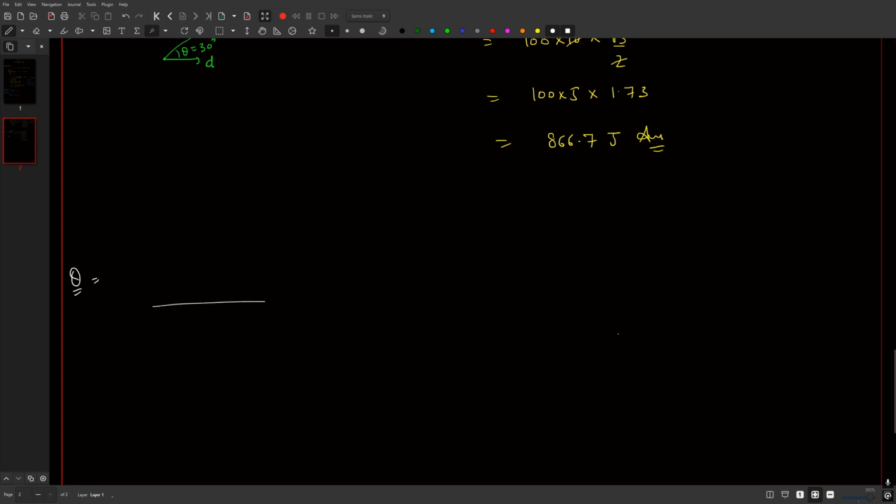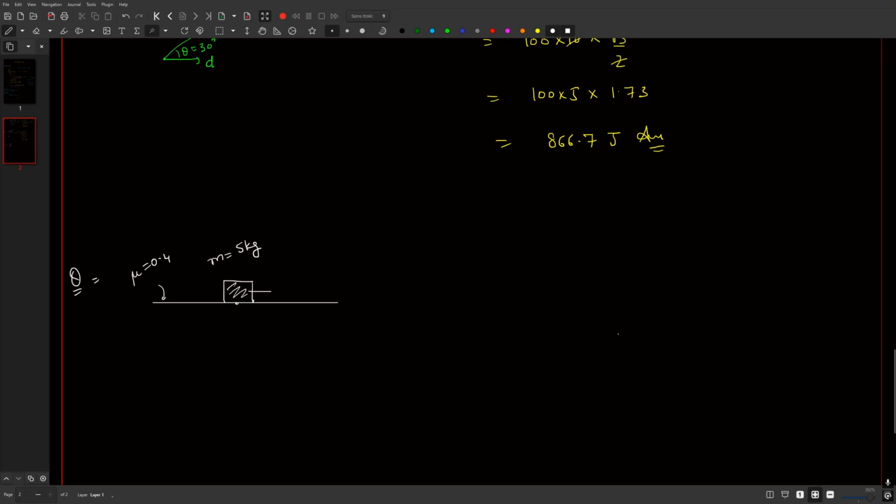Now, this time there is another force present in the system, which is friction. So the mass of the box is, let's say, 5 kg, and there is a coefficient of friction present, 0.4. So the surface is rough.